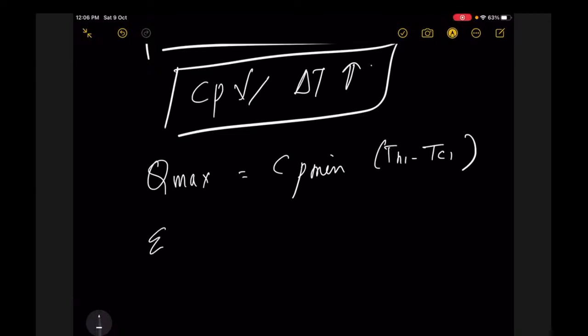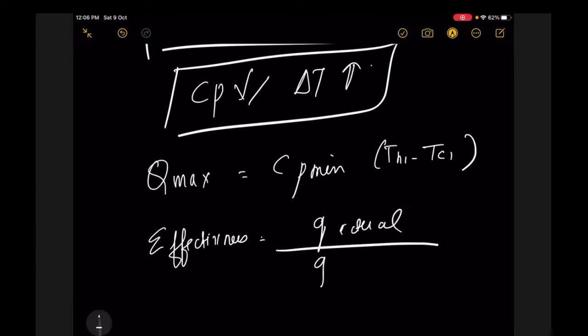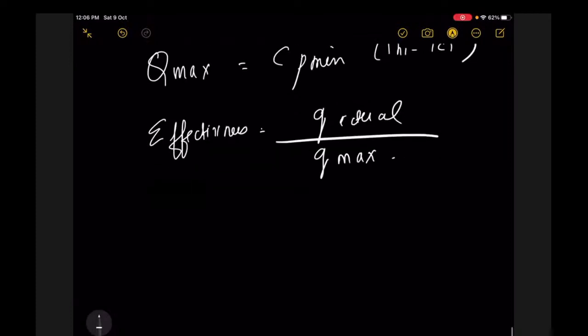So what is effectiveness? Effectiveness equals Q actual upon Q maximum. Okay. So Q maximum equals MCP minimum times TH1 minus TC1.